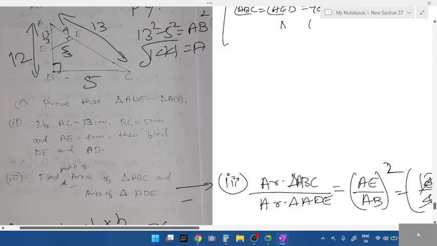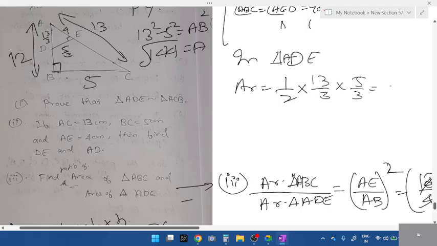Even here you'll have confusion. So for the smaller triangle, in triangle ADE, area is equal to half into, take the other two sides, 13 by 3 into 5 by 3. Can't reduce anything. 3 threes are 9, 9 twos are 18. Correct?